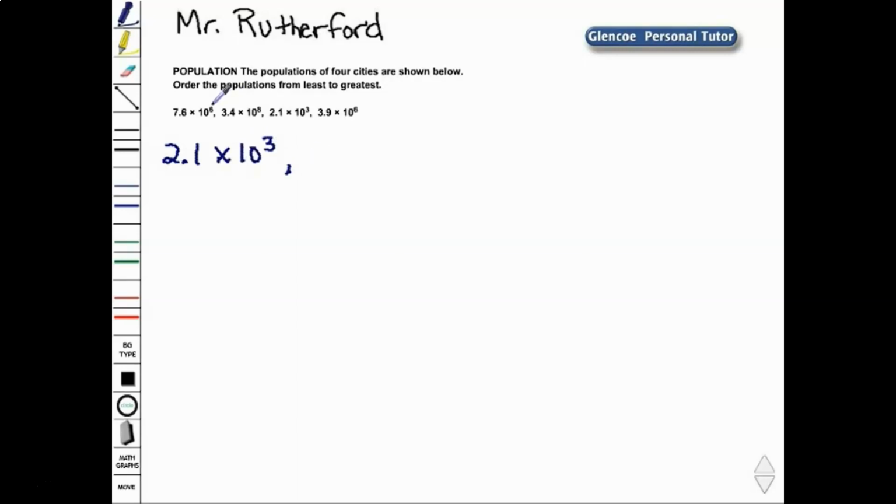Next we compare, and we have a 6, and another 6, and finally an 8. So now we need to compare the 7.6 times 10 to the 6th and the 3.9 times 10 to the 6th. Both have a power of 6, but notice that the 7.6 is greater than the 3.9.